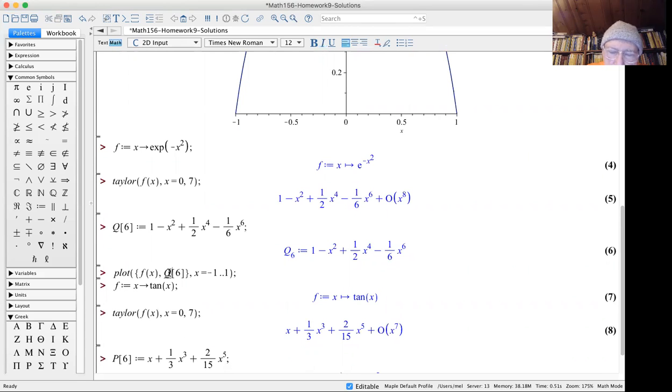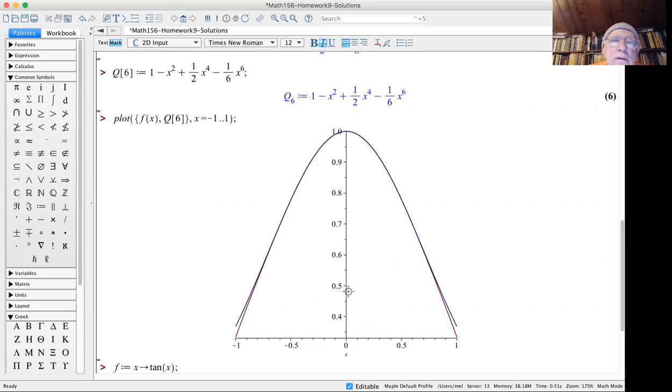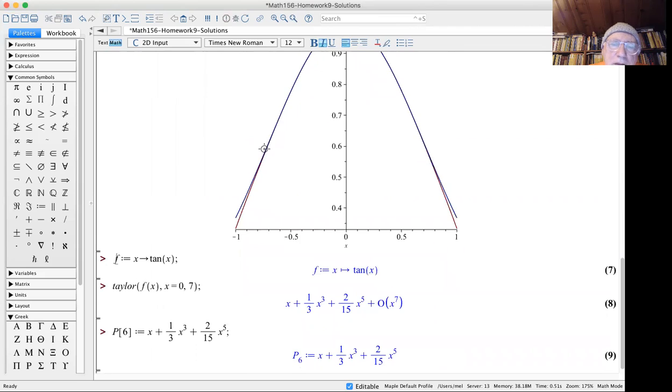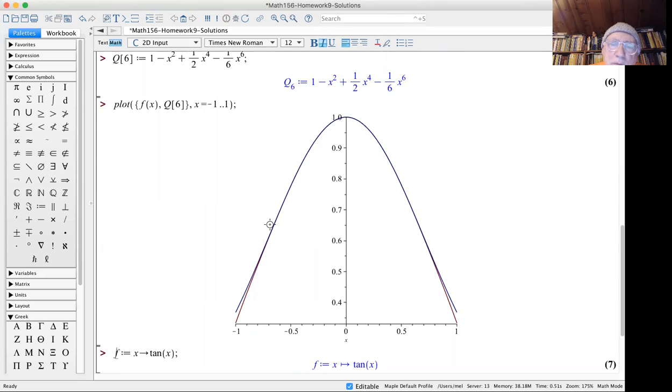This is Q. Wow. So e to the minus x squared, that's the blue curve. And this polynomial degree 6, that's that. And again, it's a fantastically close fit. It's really very impressive.